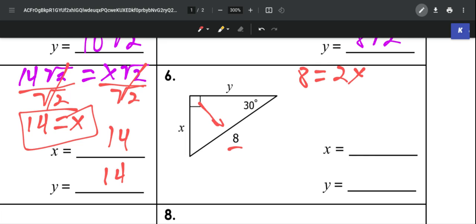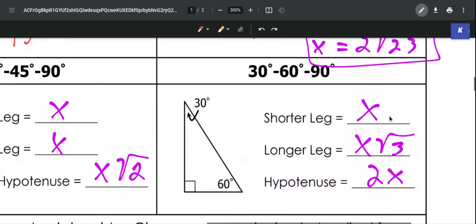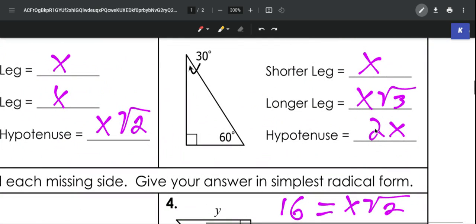Then we'll be able to plug x into our definitions for our legs and figure those out. If we divide by 2 on both sides, we get x is equal to 4. Now that doesn't necessarily mean this x equals 4. That just means when we look back at our definition for our shorter leg, longer leg, and hypotenuse, x there is equal to 4.